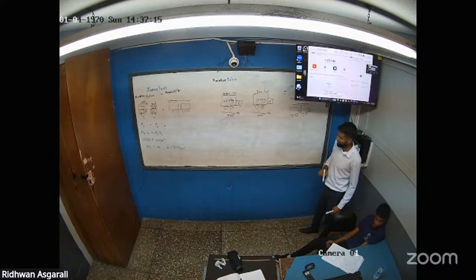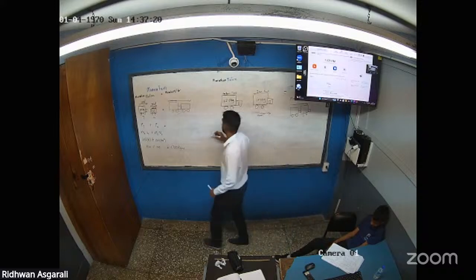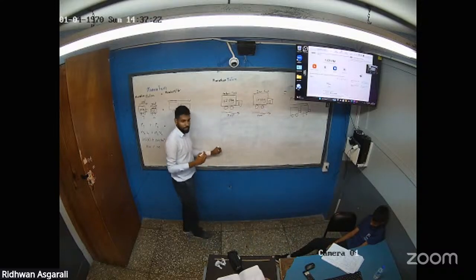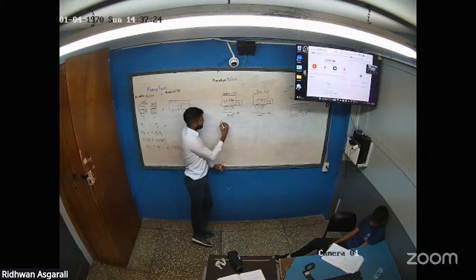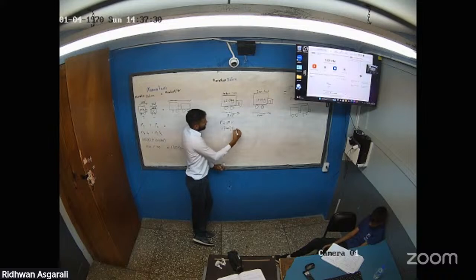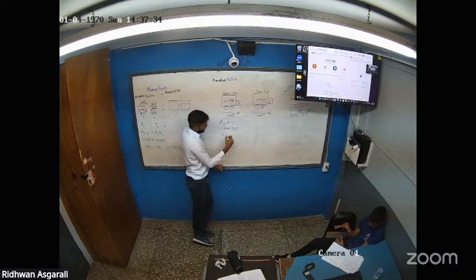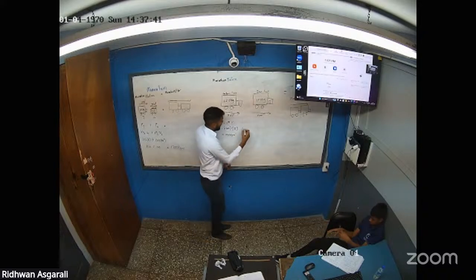So help me here. How do we find the momentum? Mass times velocity. So the mass is, the velocity is, and the units are kilograms meter per second. And then to get the momentum after, we have to add them.